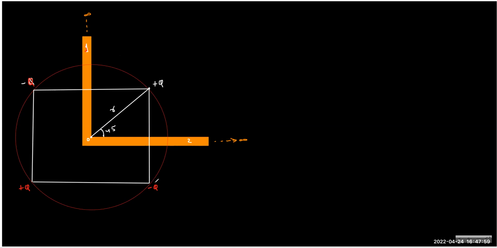Now think of these two as an object. This object is in front of which mirror? First or second? First. Very good. So it will form the image exactly behind here. And this object is in front of which mirror? Second. So it will form the image here. So you can see the two images will coincide.